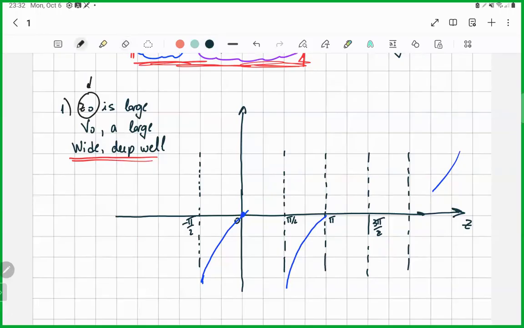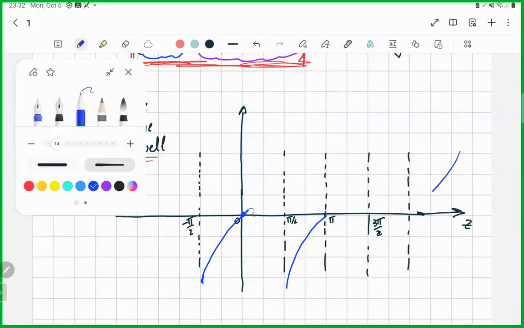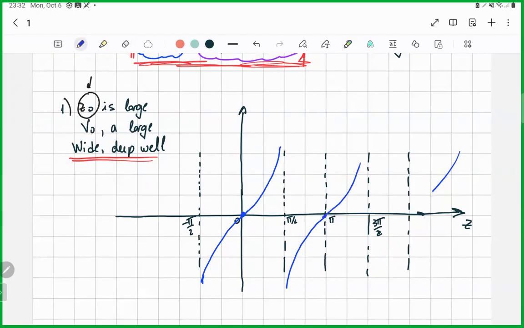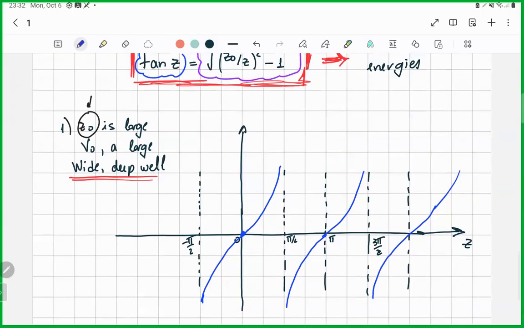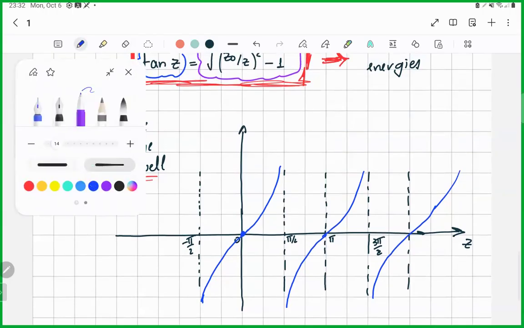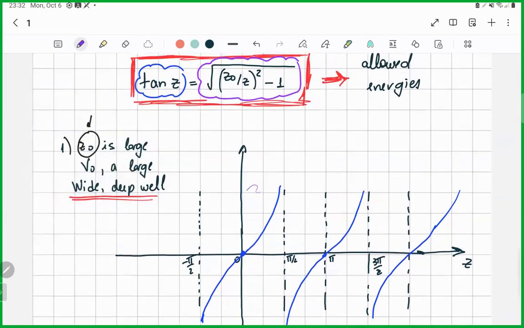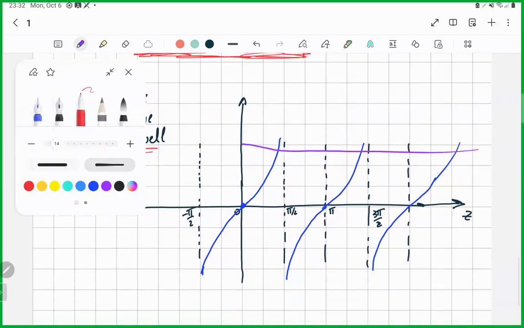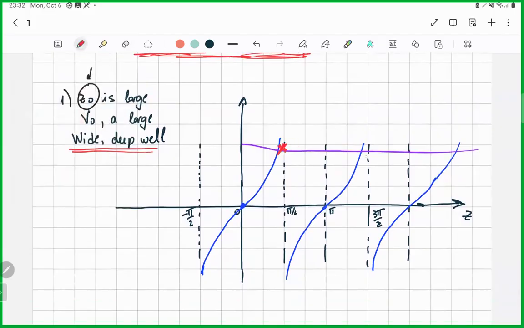In other words, if Z naught is really big, let me bring our functions back here. That function on the right side takes forever to decay, which means the points where they cross will be very close to these points. My drawing is not so good, but very close to these points where the tangent explodes.